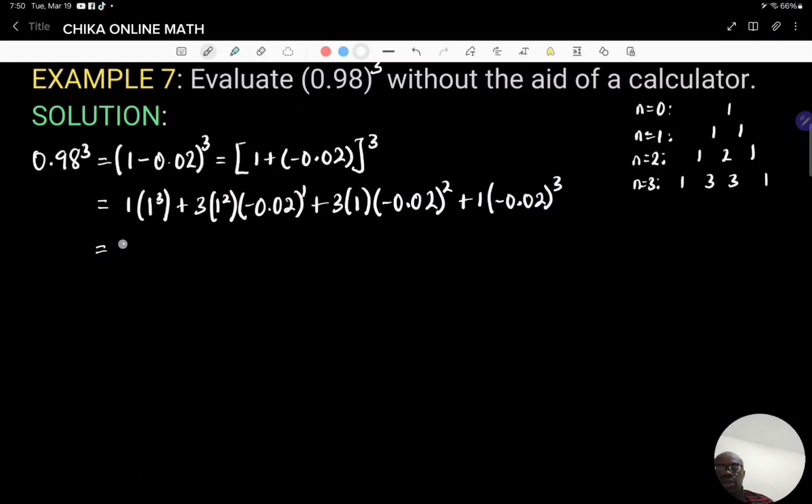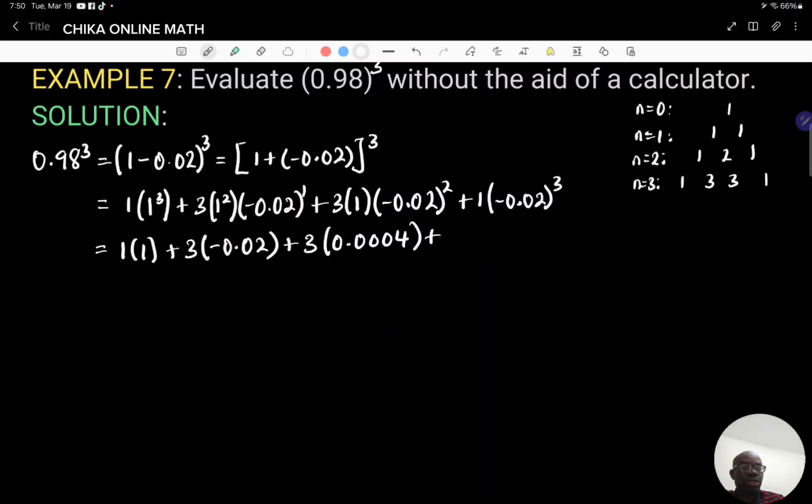So this is 1 times 1, plus 3 times 1, which is 3, times minus 0.02, plus 3 times 1 is 3, times minus 0.02 raised to power 2, which is 0.0004, plus 1 times minus 0.02 raised to power 3, which is minus 0.000008.